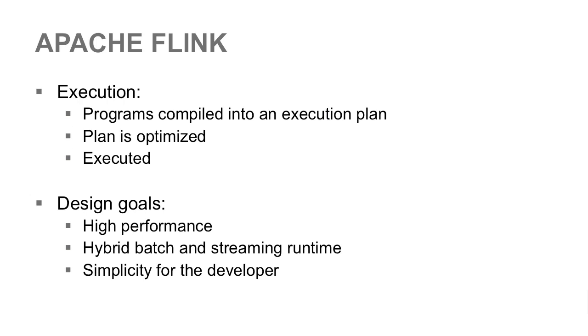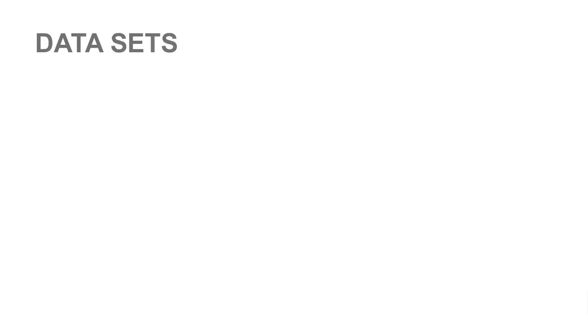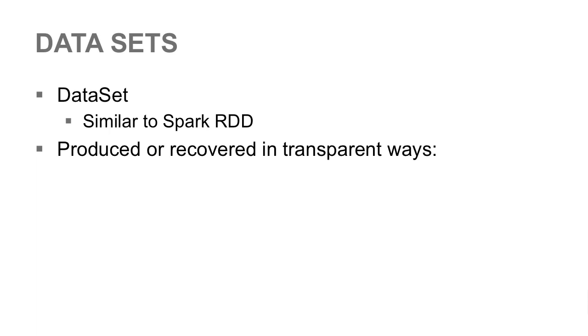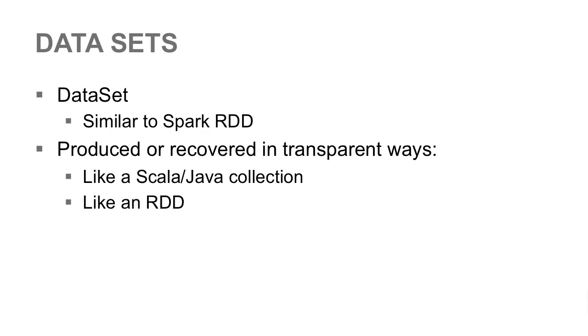Spark and Flink have many common points when it comes to programming, and ideally you would be using Scala, a very expressive language. A few lines of code will accomplish a lot in this setting. The internal data structure of Flink is called the dataset, and it is similar to the RDD that we have in Spark. It can be produced or recovered in a number of transparent ways, like using in-memory collections, like an RDD.